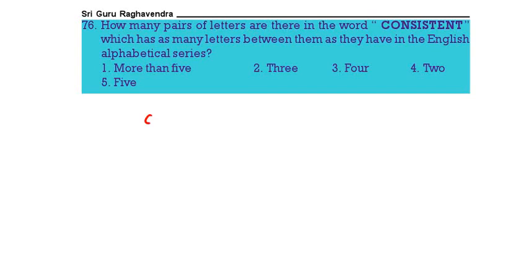How many pairs of letters are there in the word consistent, each of which has as many letters between them as in the English alphabetical series? Now see here. O, P, Q, R, S. O, S is the first pair. Similarly, S, T, that is the second pair.